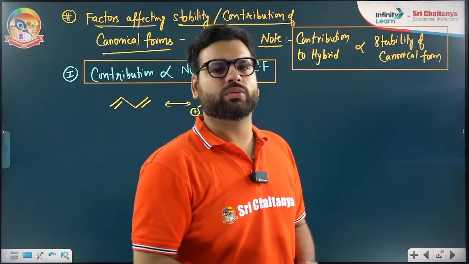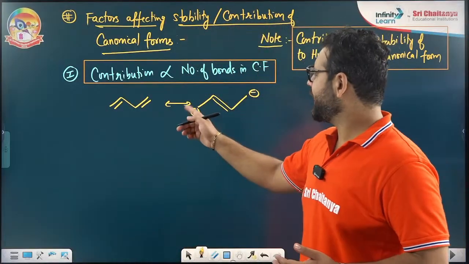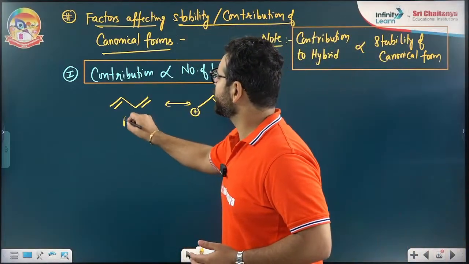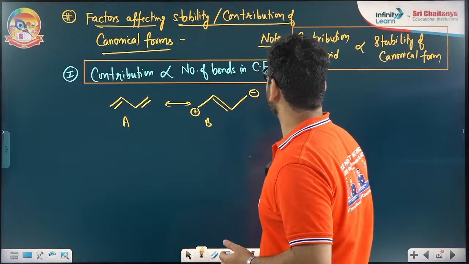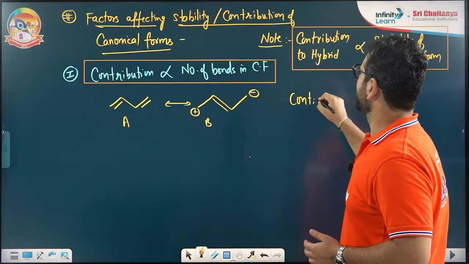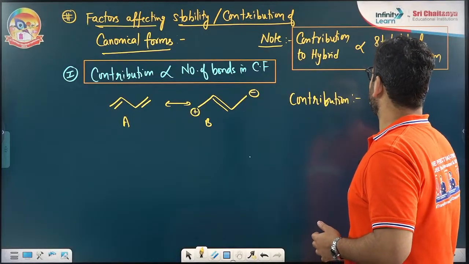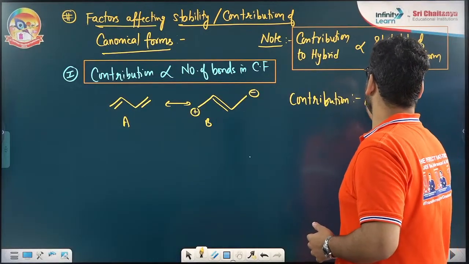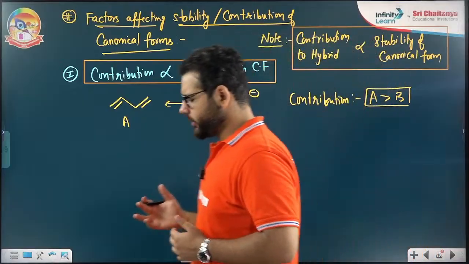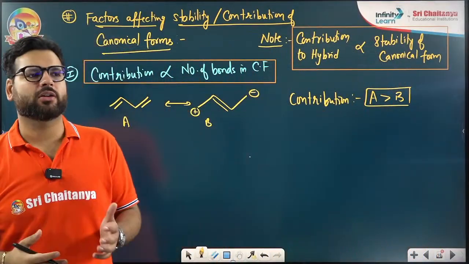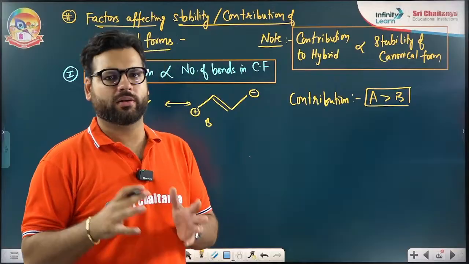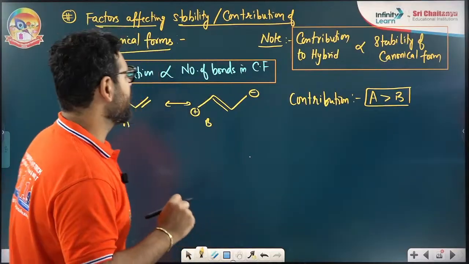Among these two, A is more stable than B. So A will contribute more as compared to B. So the contribution order will be A more than B. As soon as the molecule comes to you, the very first thing you will do is check the number of bonds.